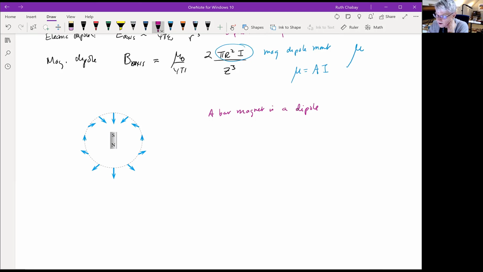The end we call north has magnetic field coming out of it, and the end we call south has it going in. I know, right? We just need another alphabet. We should be using Sanskrit or something, Devanagari. We just don't have enough letters in our alphabets. So the north pole of the magnet has magnetic field pointing out of it, and the south pole has magnetic field pointing into it.